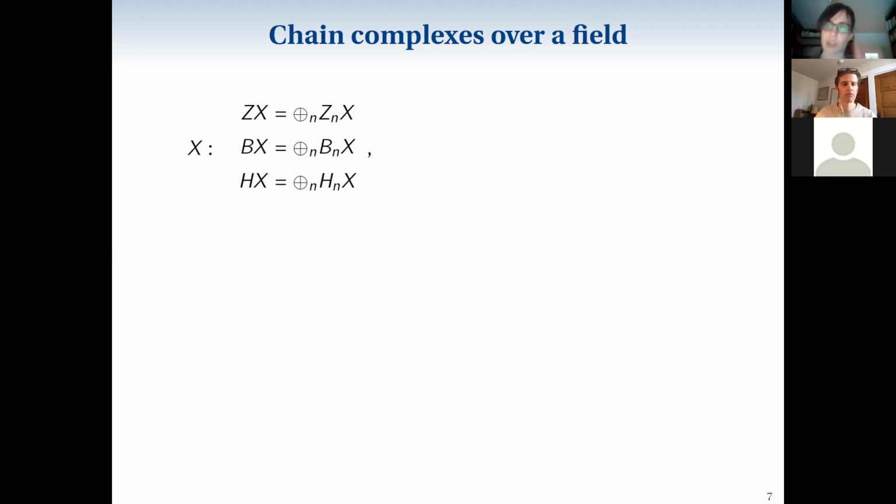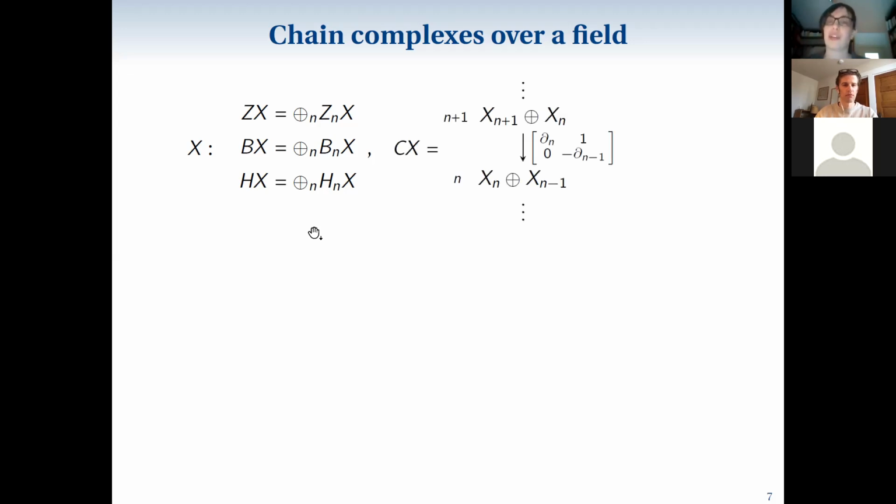So all the differentials are zero. I can do basically the same with the boundaries. So I define the boundary chain complex. Again, it has all zero differential, and it is the boundaries of X in any degree. And then I can use the two of them to define the homology of X, the direct sum of the homology in each degree. All three of them have zero differential, and this is quite important.